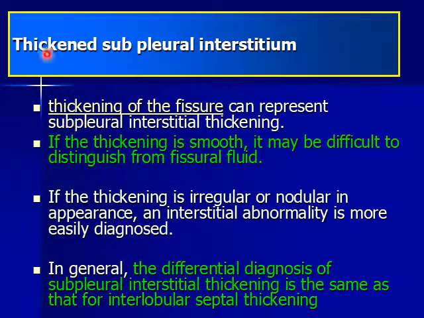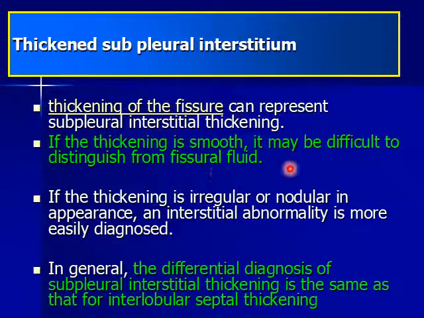The third one is the thickened subpleural interstitium. As you know, the interlobular septi contain the same histological structures as the subpleural interstitium. So, they have the same differential diagnosis. Thickening of the fissure can present as subpleural interstitial thickening.